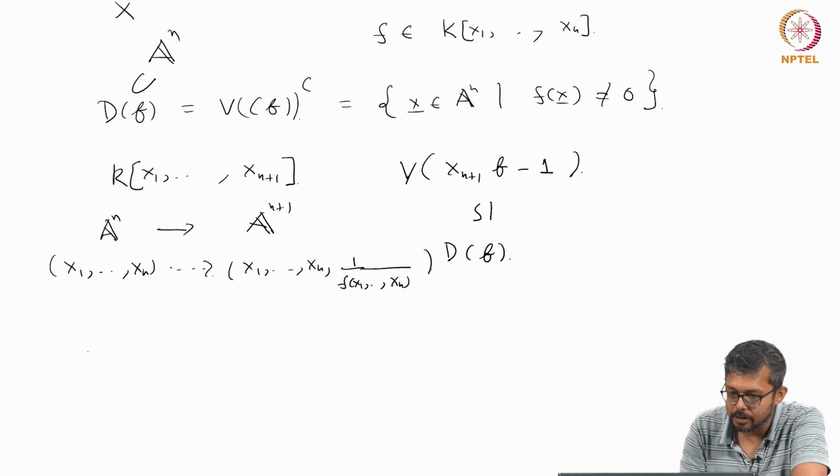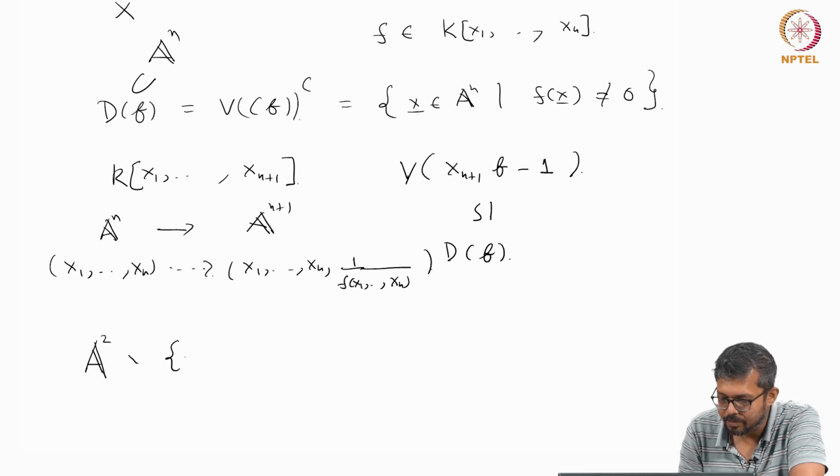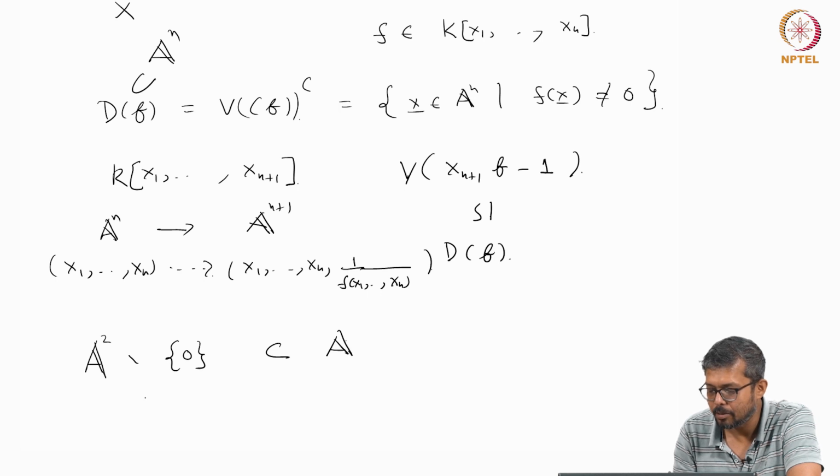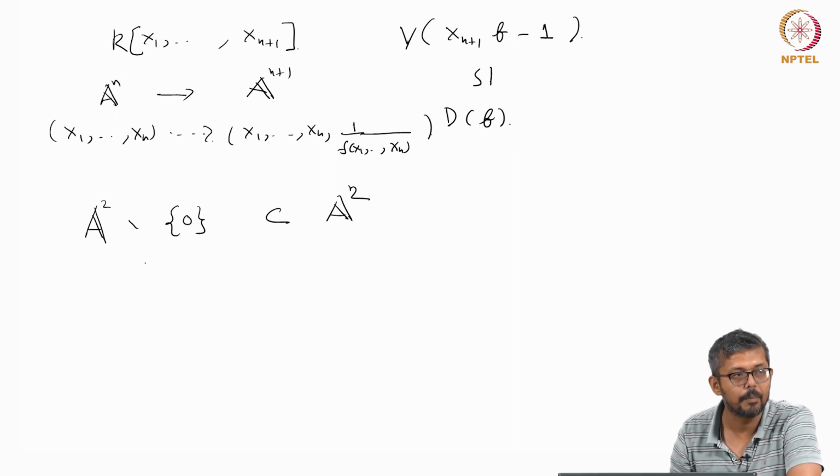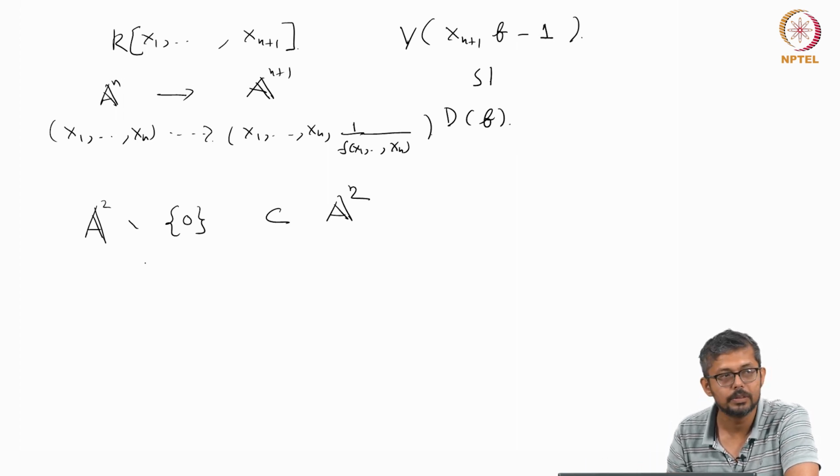But you have seen this example also, A^2 minus 0. This is quasi-affine in A^2. It's an open subset, right? But this is not affine.